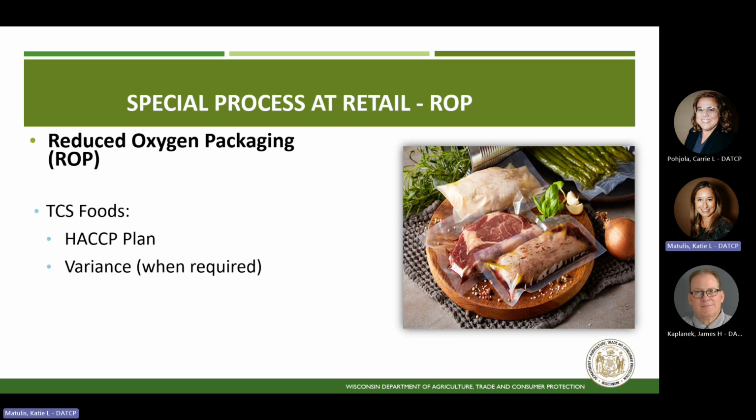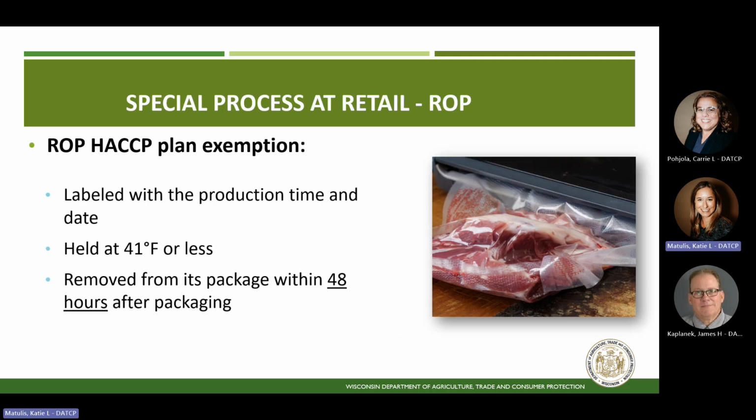The last special process we'll discuss is reduced oxygen packaging requirements and scenarios. Reduced oxygen packaging, also known as ROP or vacuum sealing, requires a HACCP plan and may require a variance depending on the ROP product. There is an ROP HACCP plan exemption listed in the Wisconsin Food Code.